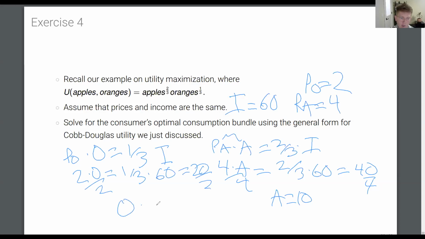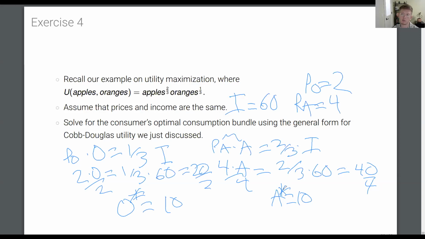So the optimal number of oranges is just going to be 10. So that confirms that the general solution of the Cobb-Douglas utility function gives us the exact same solution as equating the marginal rate of substitution to the relative prices of apples and oranges, as we did before.